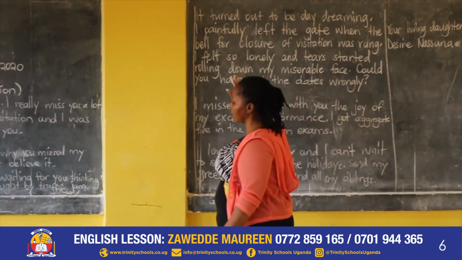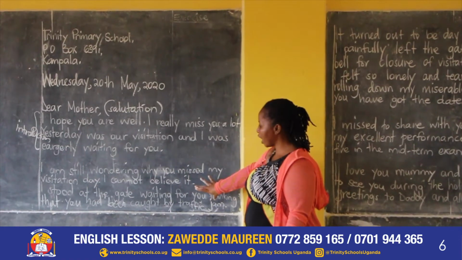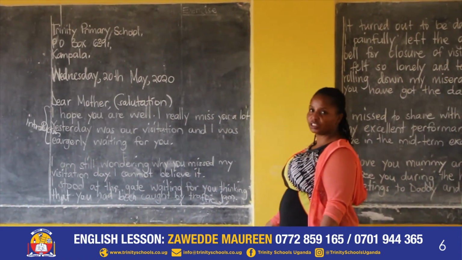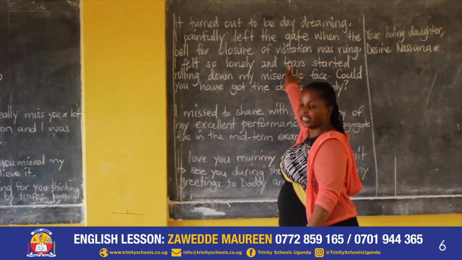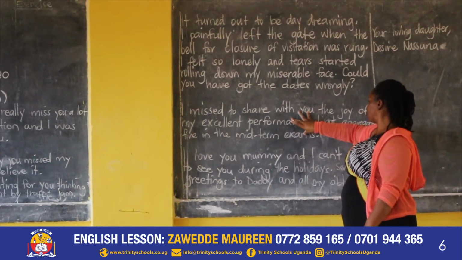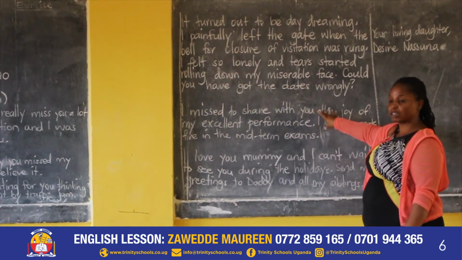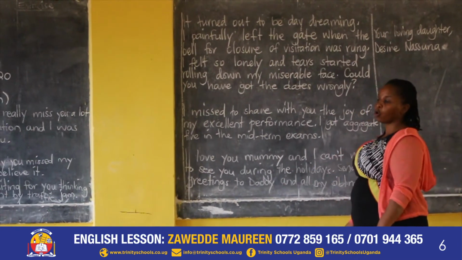Here you see that I have different paragraphs in my body. I have this one, and there is a message it's conveying. Then there is this other paragraph, which has a message it's conveying. Even here it's conveying a message about the writer's performance. Even there is a message here being conveyed.